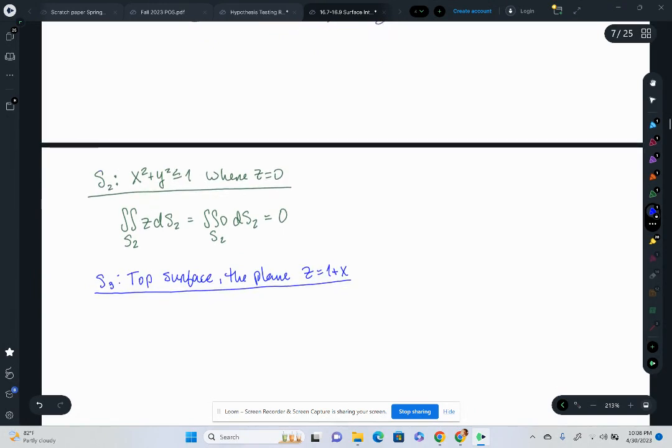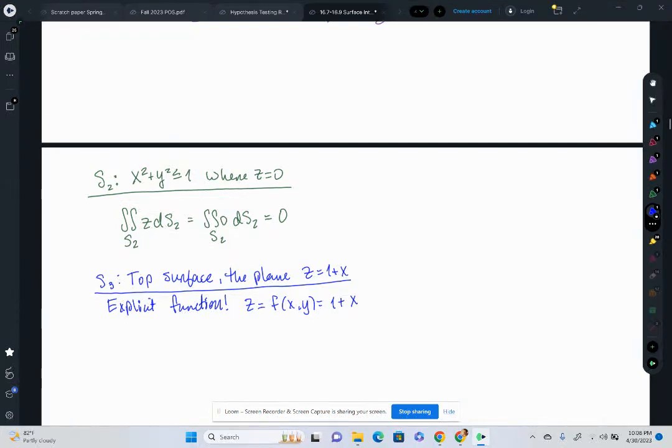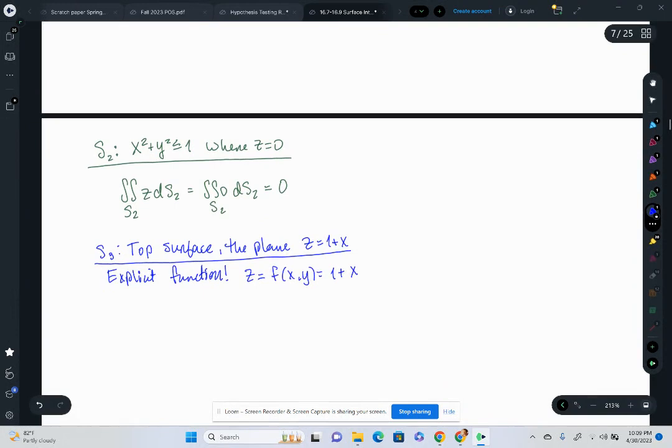We have an explicit function, z is equal to a function of x and y, which is just 1 plus x. That's a nice thing. So if we think about what our parametrization is, then x gets to be x, y gets to be y, and z is just 1 plus x.